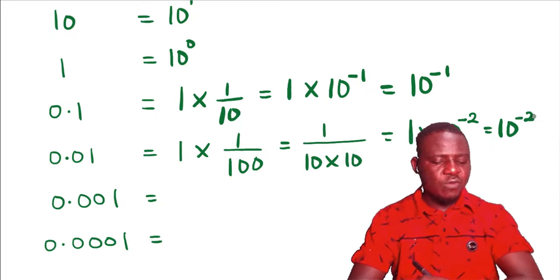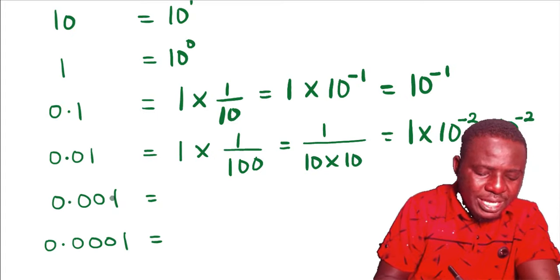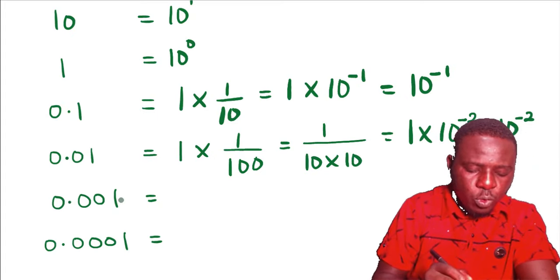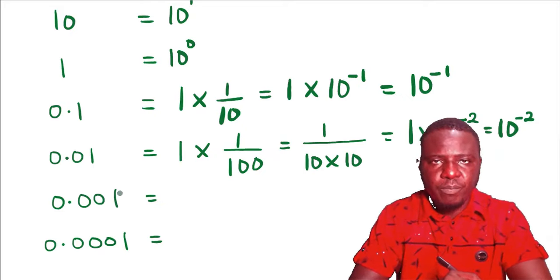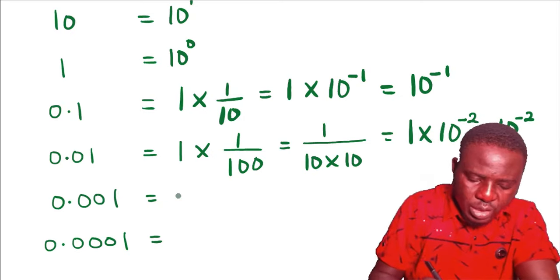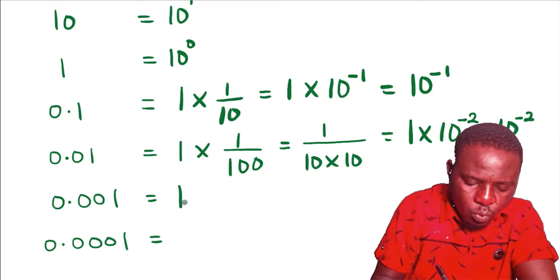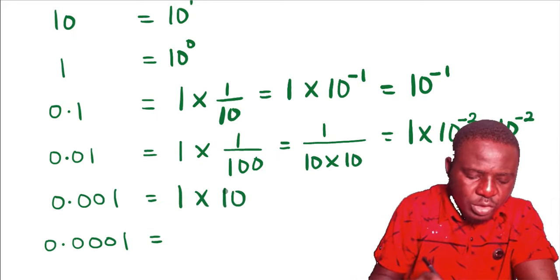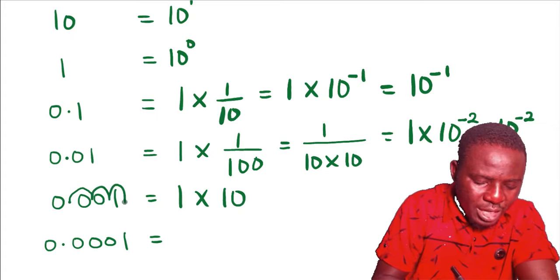Another way you can solve this is by moving the decimal point until it falls after the first significant figure. By doing that, you can say that 0.001 can be said to be 1 times 10 raised to the power of, then you move this decimal point number of times: 1, 2, 3.